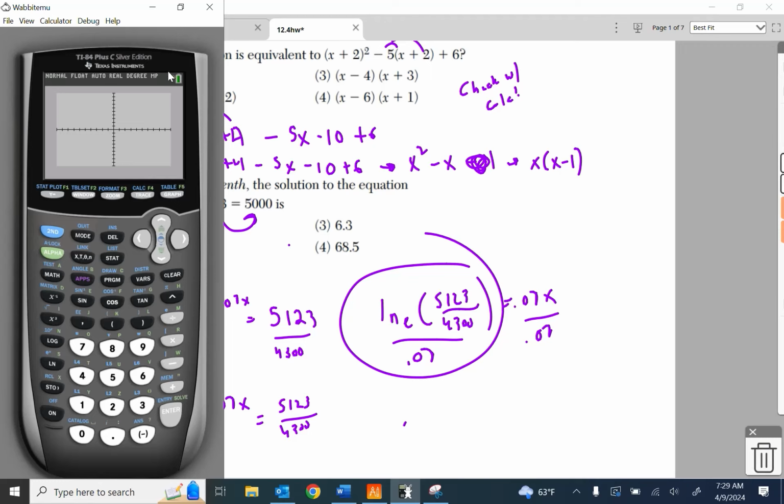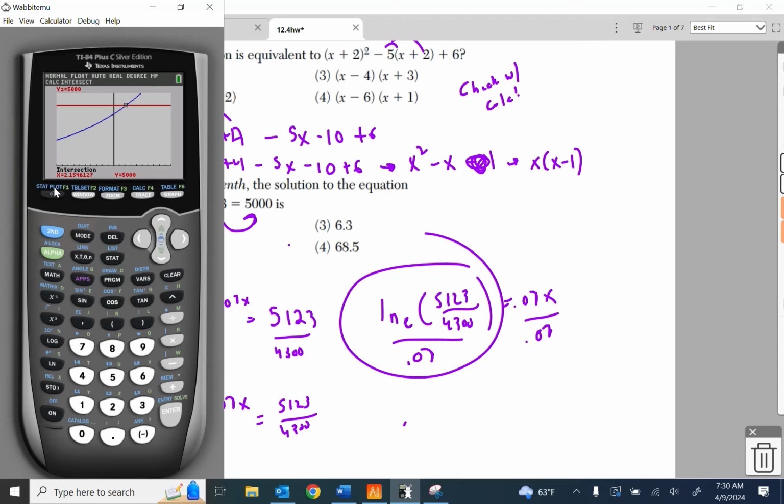I'm waiting for that guy right there to finish working. Window, set the y max to be, I'm just going to go with 6,000. I should see an answer. I mean, 2.5 was an answer, so. And there she is. Second trace, 5. Enter, enter, enter. 2.15. Well, that's weird.